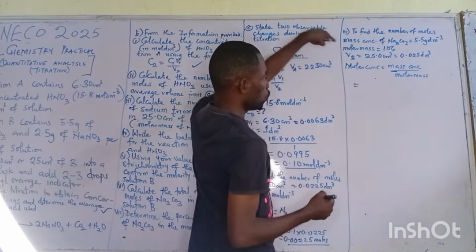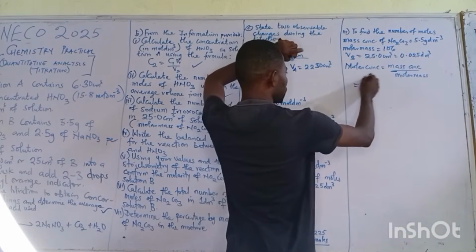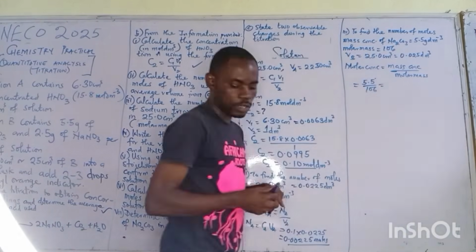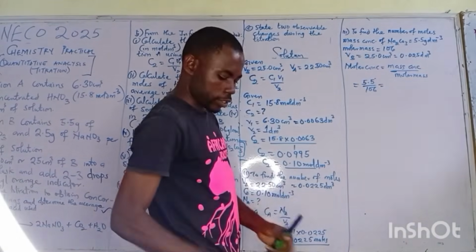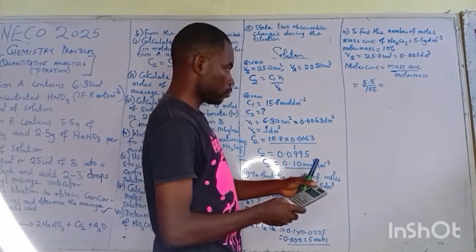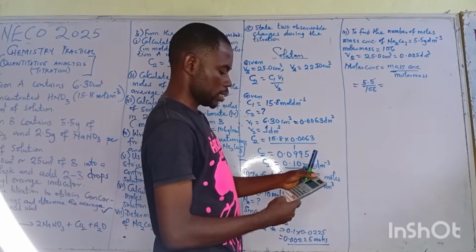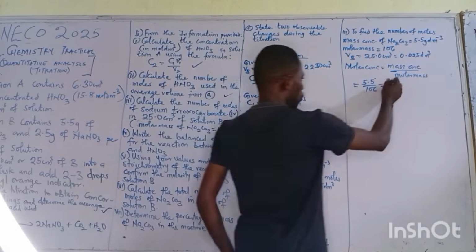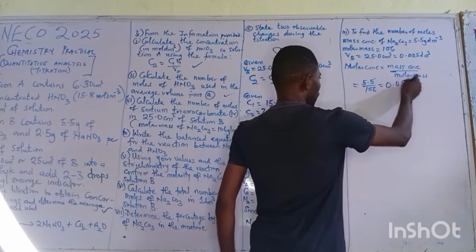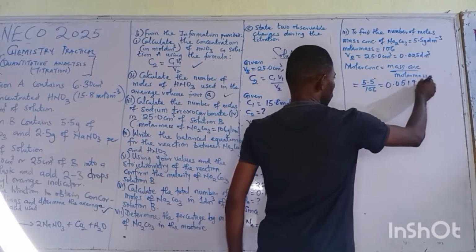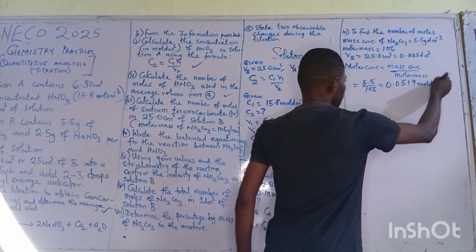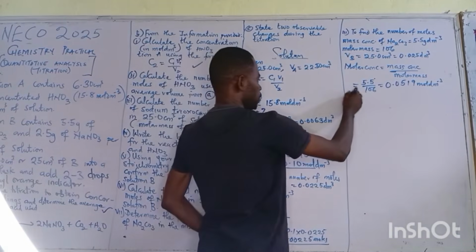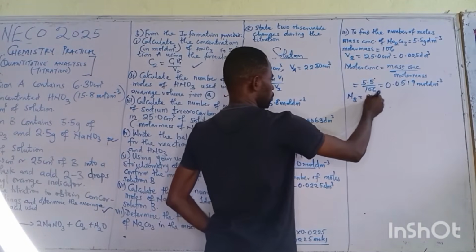So we have 5.5 over 106, that is 5.5 divided by 106. I'm having 0.0519 mole per dm³.